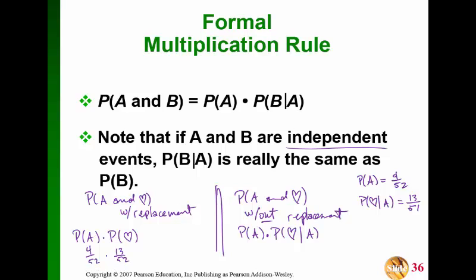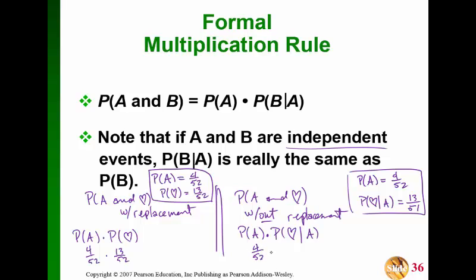In any case, you see that the probabilities were different from the first scenario when we had a replacement, versus this scenario where we didn't have a replacement. So then your total probability here is 4 out of 52 times 13 out of 51.